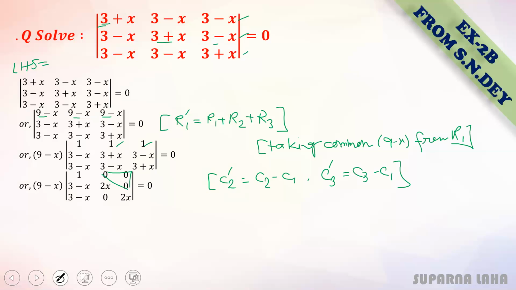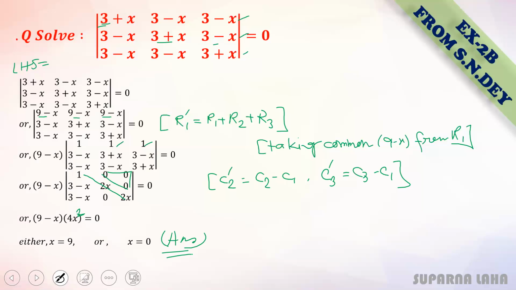Since it's an upper triangular matrix, the determinant value is given by just multiplying its diagonals. So 9 minus x into 4x square, and then what is the value of x? Then x is equal to 9 or x is equal to 0. So these are the answers.